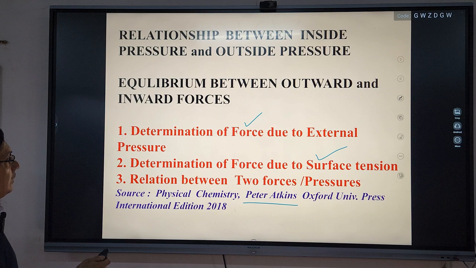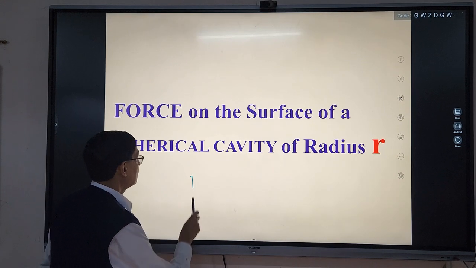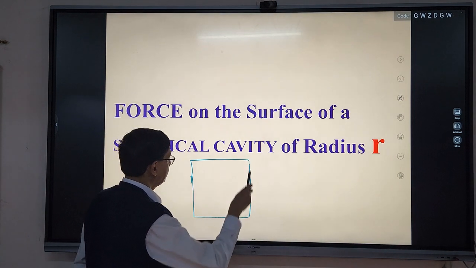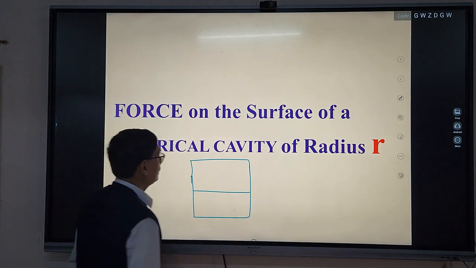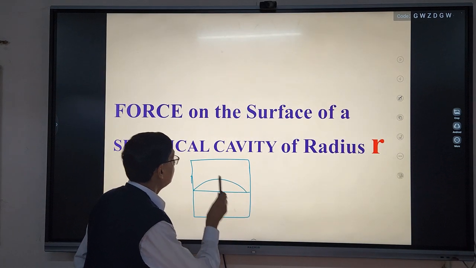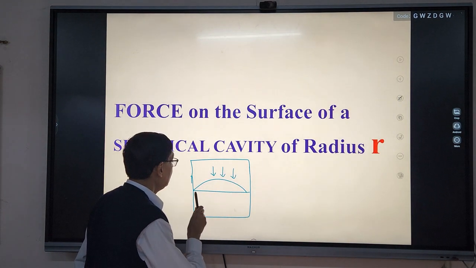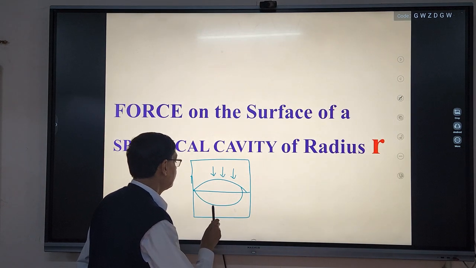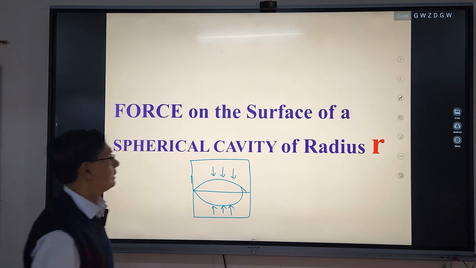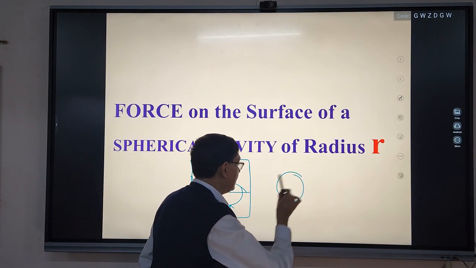So now let us consider that this is a two phase system, and suppose this is the external pressure and this is the internal pressure, and consider it is spherical in nature.